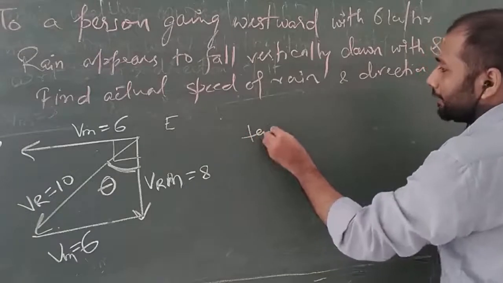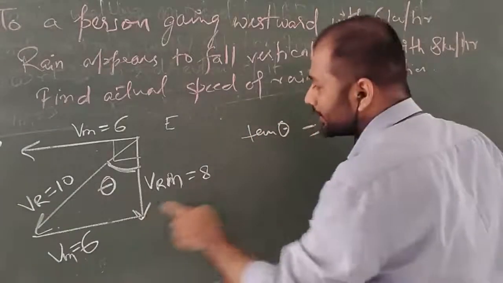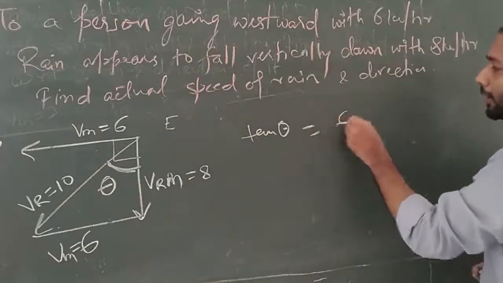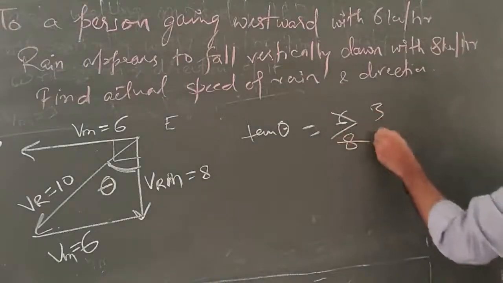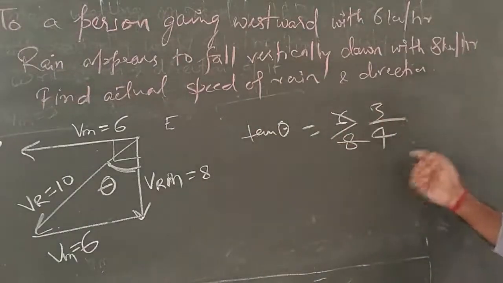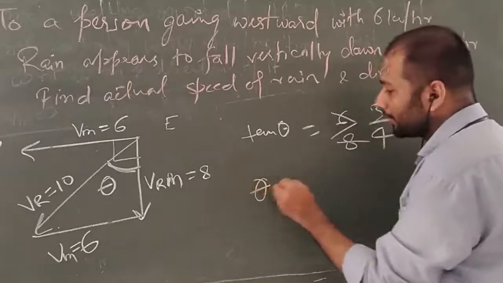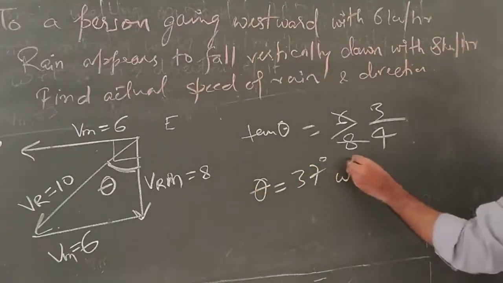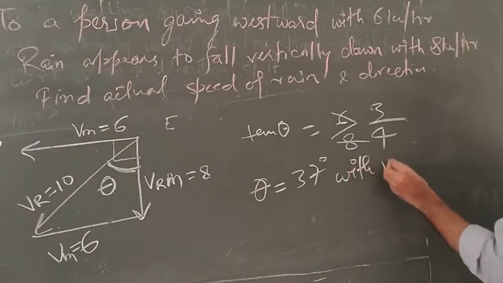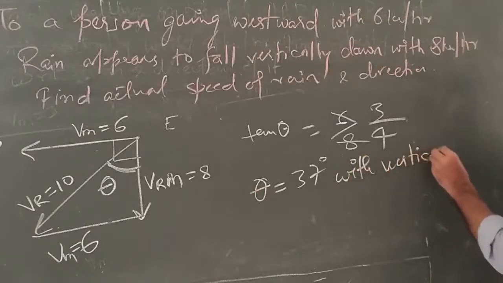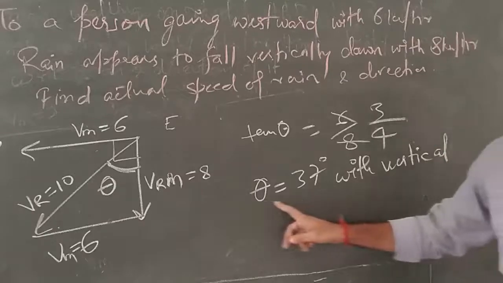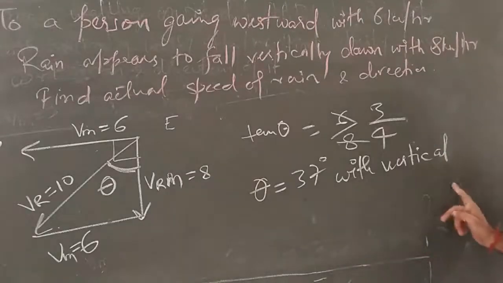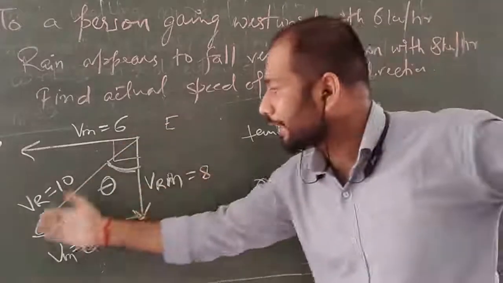Tan theta can be written as perpendicular upon base, this is 6, this is 8, so it is 3 by 4. So again we got the value of 37 degrees, and you have to write it with the vertical. So this is the direction of our rain with the vertical, which is the actual direction.